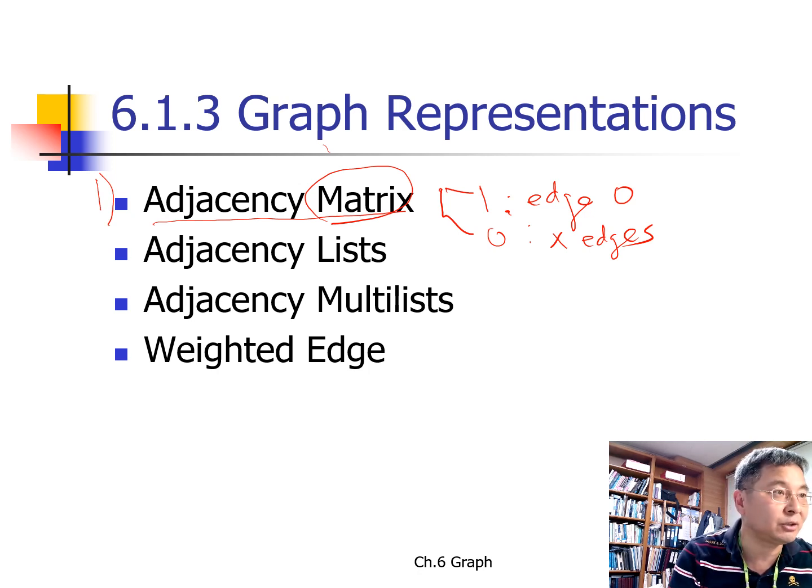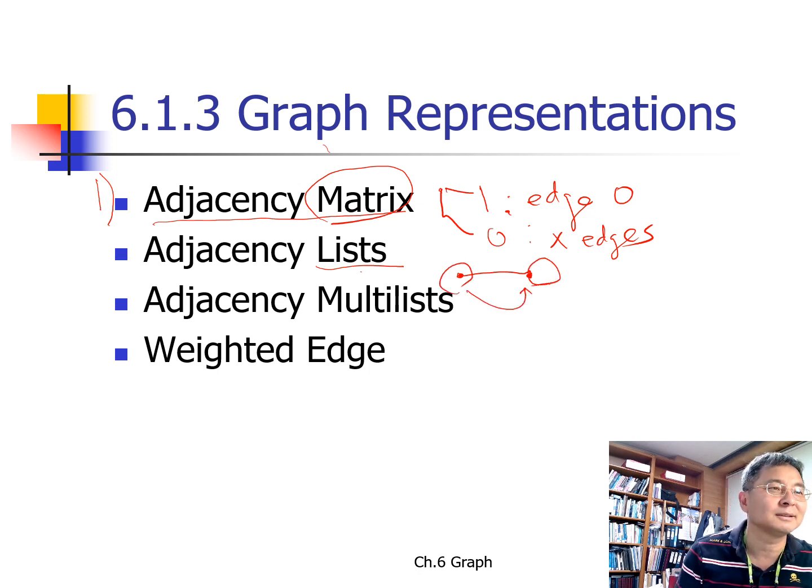That is the adjacency matrix. And what is the adjacency list? A list, a linked list, of course. The adjacency list expresses the graph using a linked list. If there is an edge to another vertex, then this linked list has this node information. And adjacency multilist, we will skip this one.